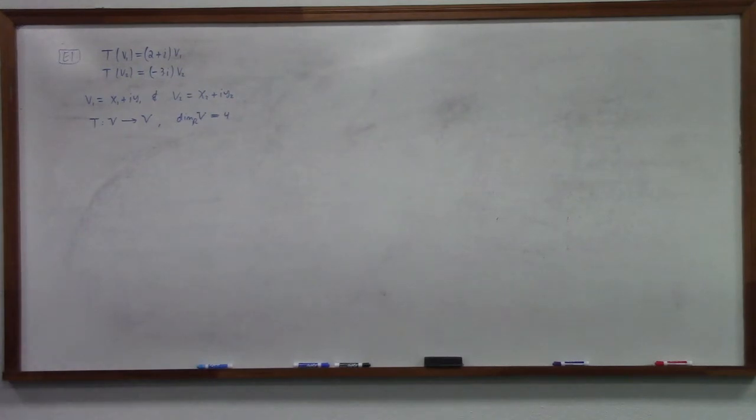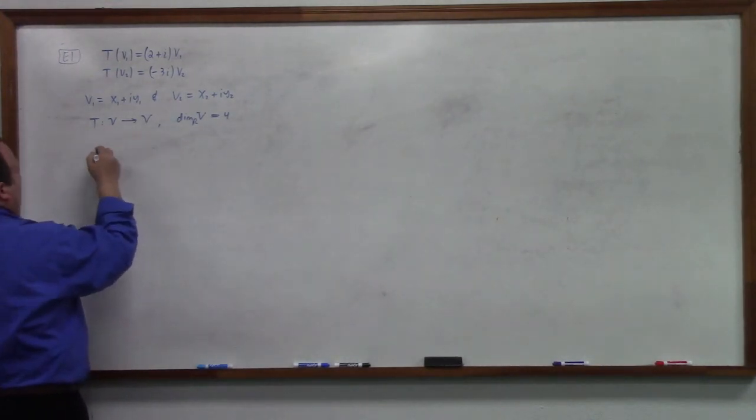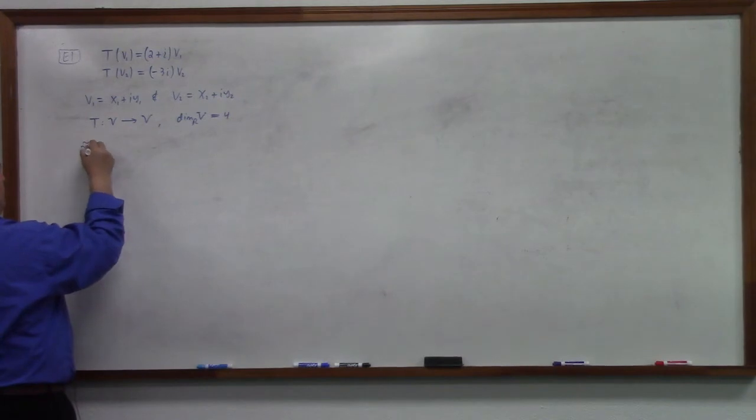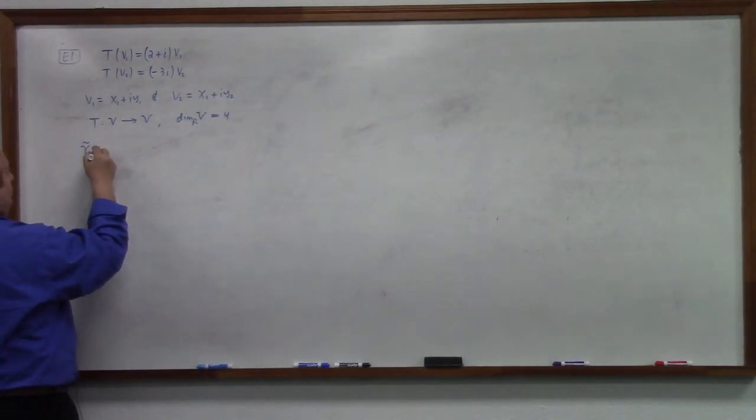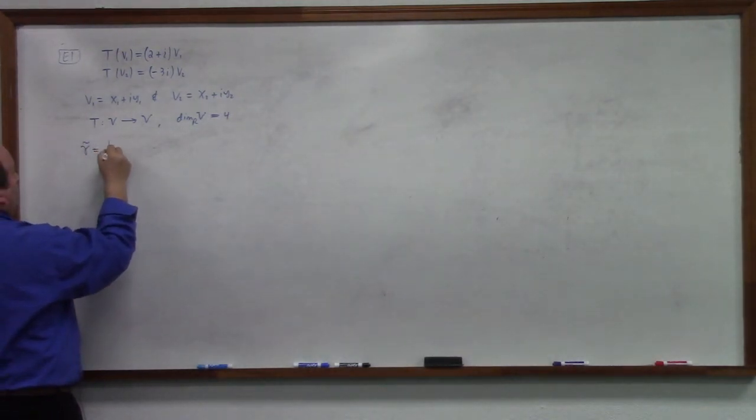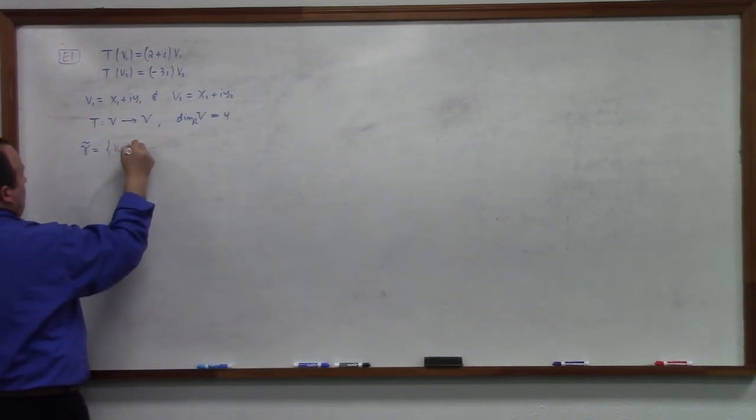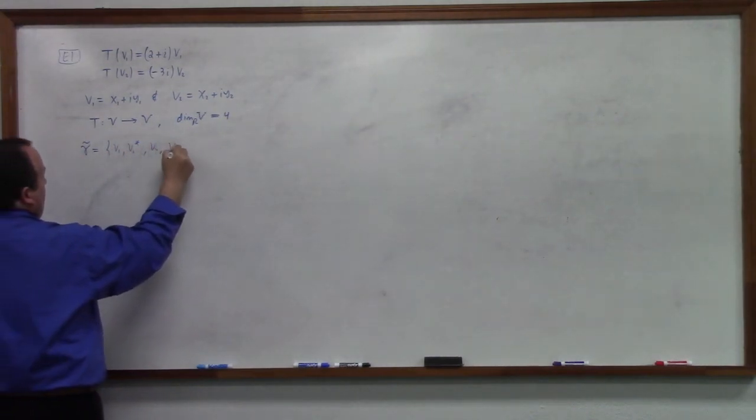Remember that since T is a real transformation, I'm assuming that there are actually 4 linearly independent complex eigenvectors, which diagonalize the complexification of this matrix. So with respect to the basis gamma tilde equal to v1, v1 star, v2, v2 star.